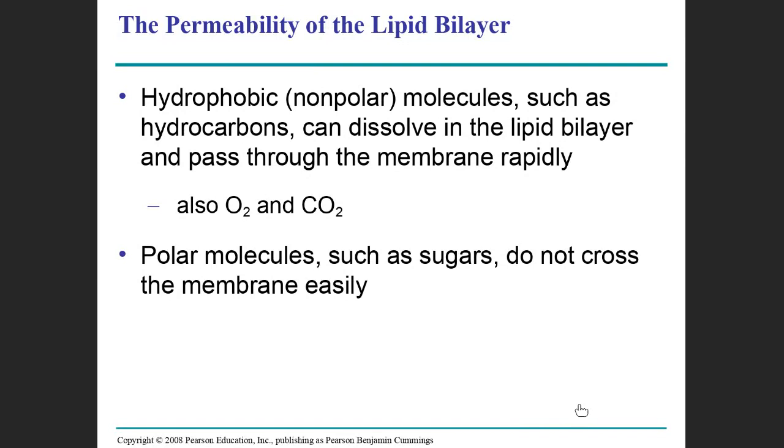Also, things like oxygen and carbon dioxide can diffuse through the membrane. But if you have a molecule that's really polar, like sugars, water, those cannot cross the membrane easily because of that hydrophobic interior. And so they have great difficulty simply dissolving through the membrane. So they need help.